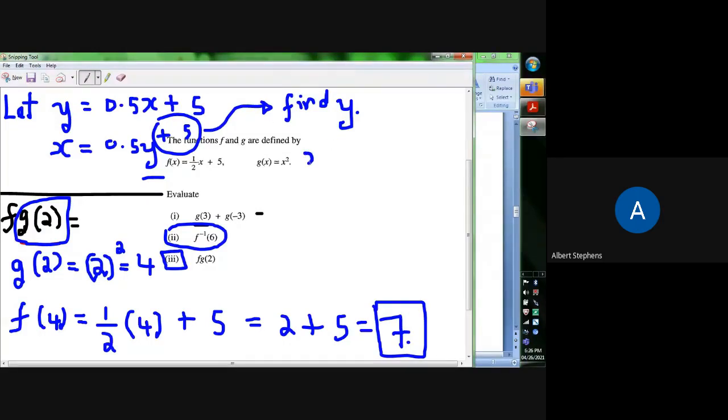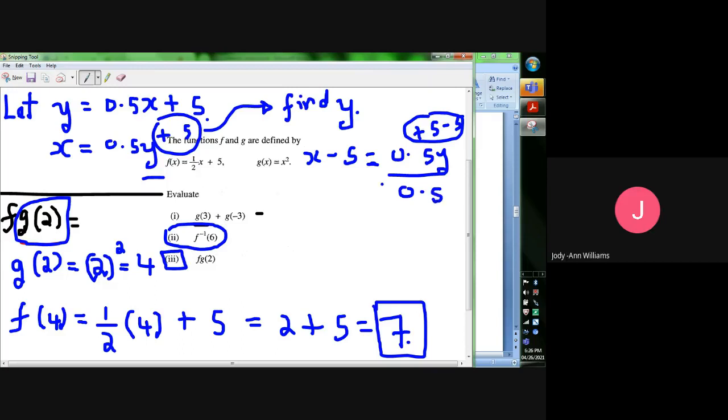So we end up with x minus 5 equals 0.5 y. The plus 5 and minus 5 disappear here. Then we divide everything by 0.5.